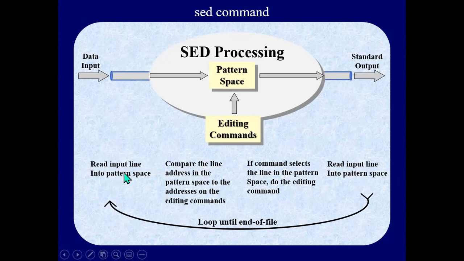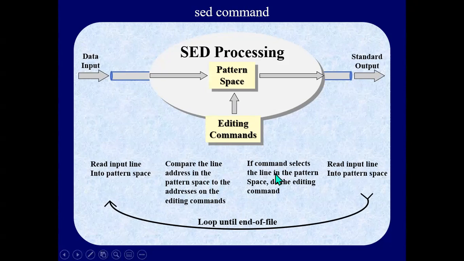We read an input line into the pattern space. We compare the line address in the pattern space to the addresses on the editing commands to see what editing commands apply. If the criteria is met, do the necessary editing.